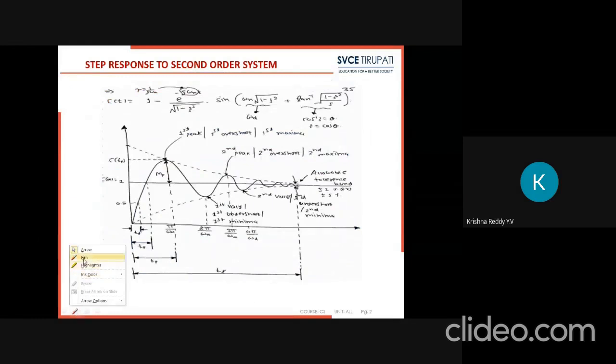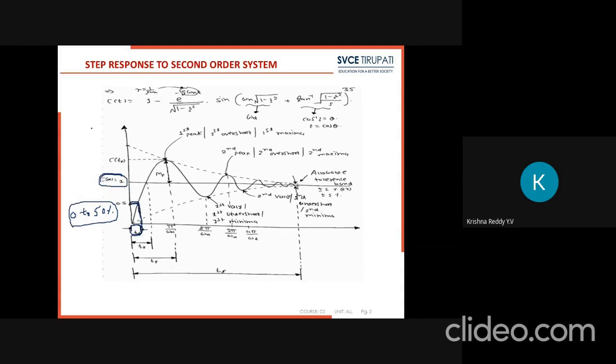The delay time is defined as the time required for the response to reach from 0 to 50% of its final value. Its final value C of infinity is 1. The time required to reach 0 to 50% of the response is known as delay time.